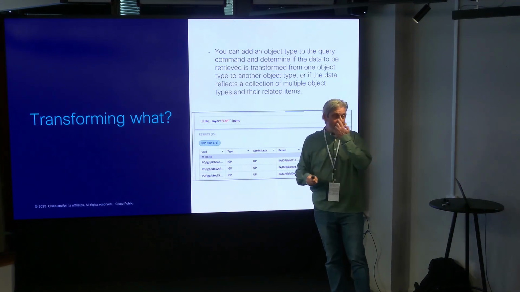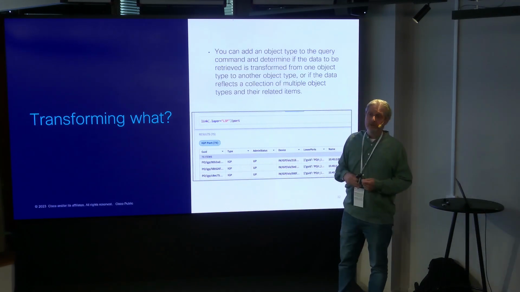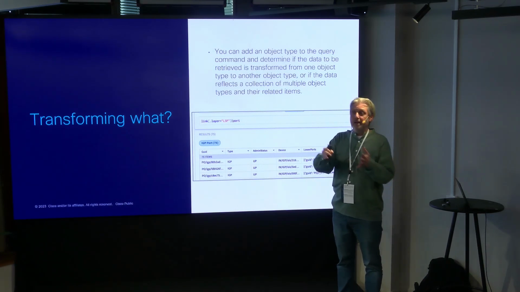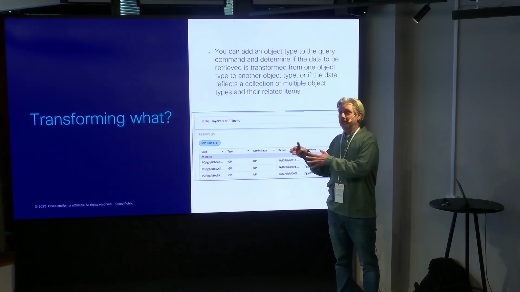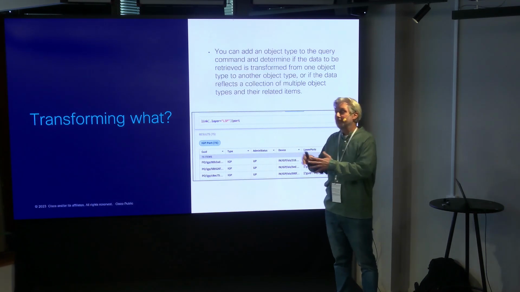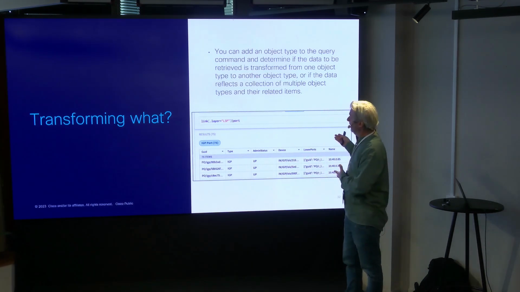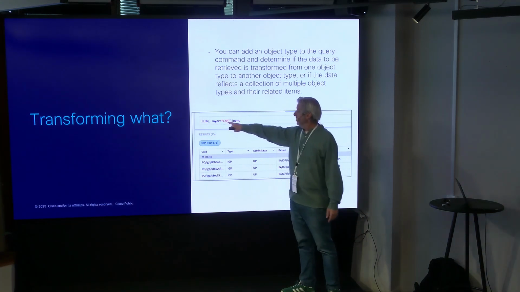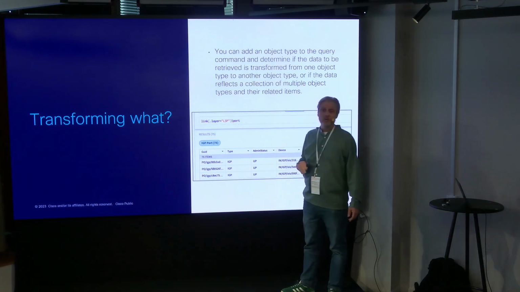Transformation, water transformation. As I mentioned before, you can start with one object, but what you really want is a response of a different object. So in this example, you can see I'm asking for all LSP links, but I'm interested only in the ports of them.